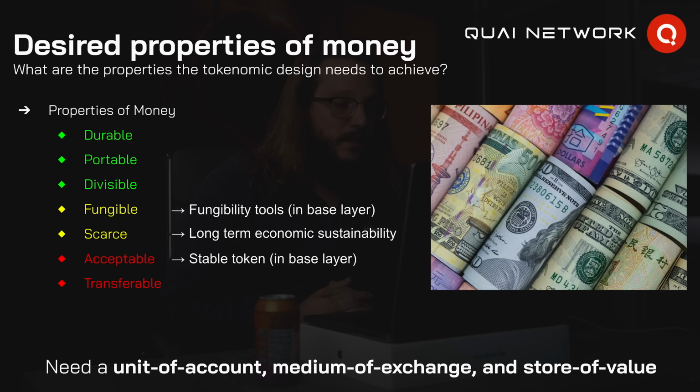In terms of acceptability, one of the items that hasn't really been addressed is how do we create a stable token, or a token that can be used for a unit of account as well as a medium of exchange in the base layer. If we look at something like Ethereum and USDC, it has quote unquote a stable token because you can use USDC to denominate goods, and if it weren't for the fees associated with Ethereum, you could use it as a medium of exchange.